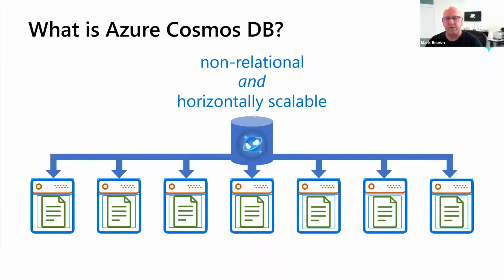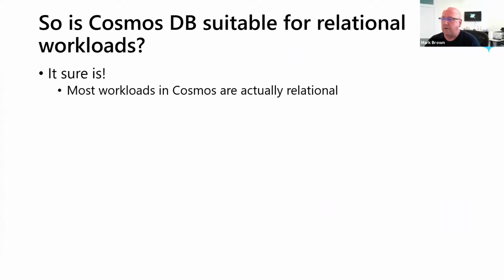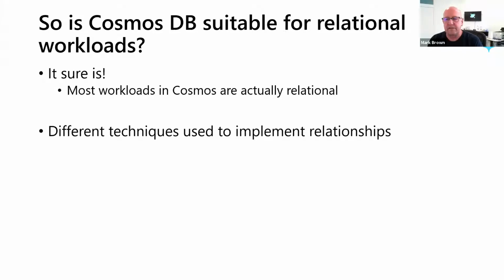Okay, so Cosmos DB is both horizontally scalable as well as non-relational. And it provides that because it's designed for that kind of high performance, high availability scenario. So is Cosmos good for relational workloads? Well, yes, actually it is. In fact, most of the workloads you see are actually relational. You just need to learn different techniques to implement the relationships between your entities.